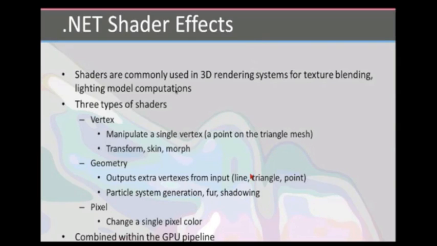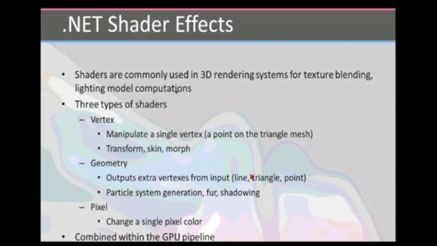There's also a geometry shader, which outputs extra vertexes from the input. So I already have a triangle mesh, and I can add extra points programmatically in the GPU. You can use this for things like growing fur on the outside of a model, and sometimes it's used for particle system generation. There's a lot of things you can do with that.